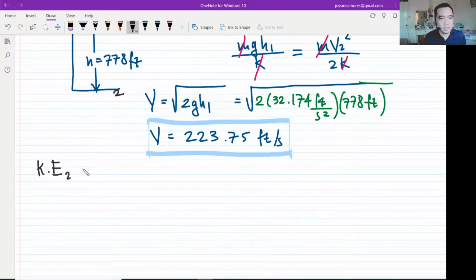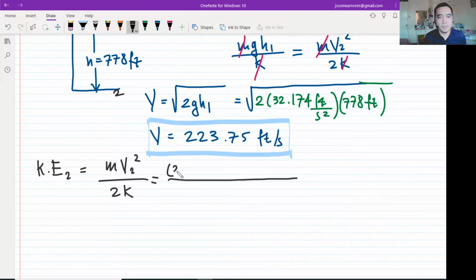Kinetic energy at point 2 will be mv2 squared over 2k. The mass is given, 3,220 pounds, and v2 we have just solved, 223.75 feet per second.